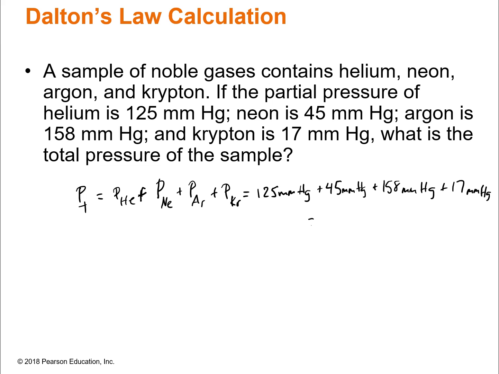You can put it in your calculator if you'd like, but I'm pretty confident that you guys can add together some numbers. But if you do it, you should get 345 millimeters of mercury. Any questions here? Okay.